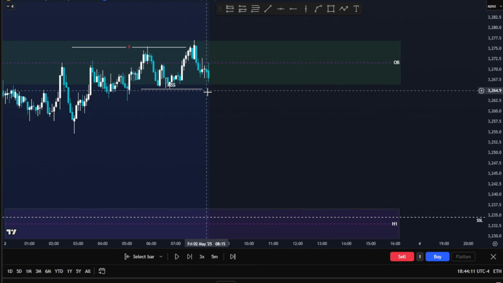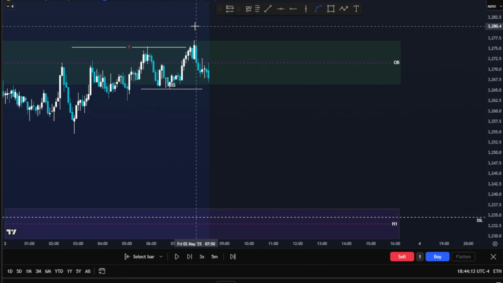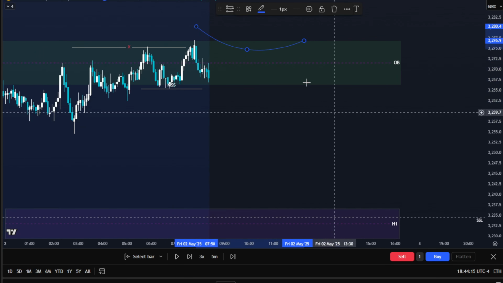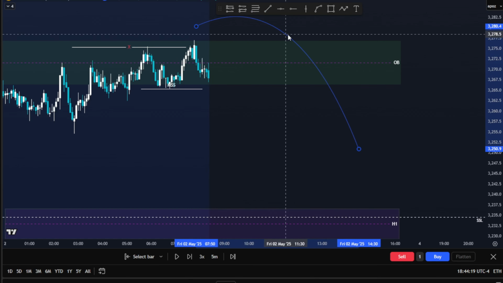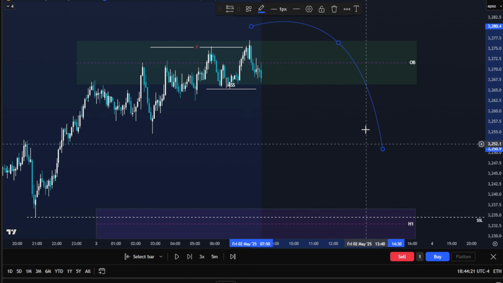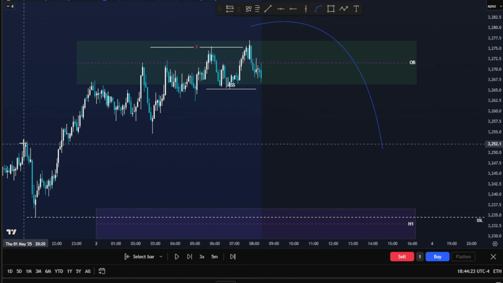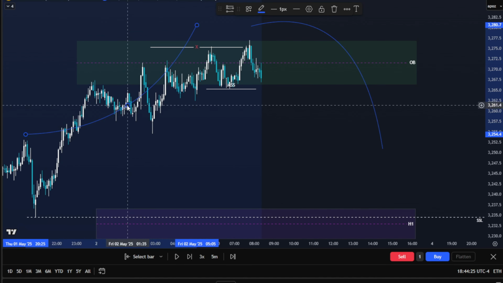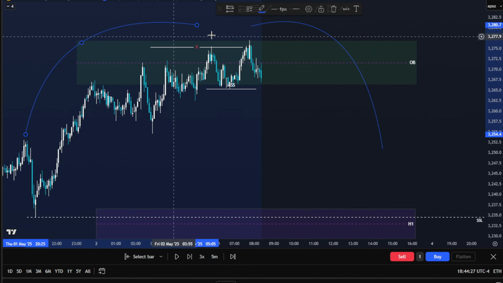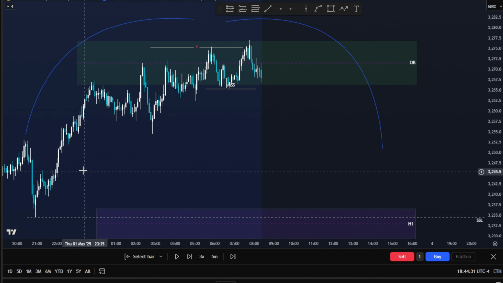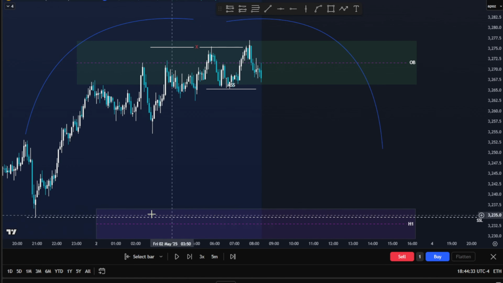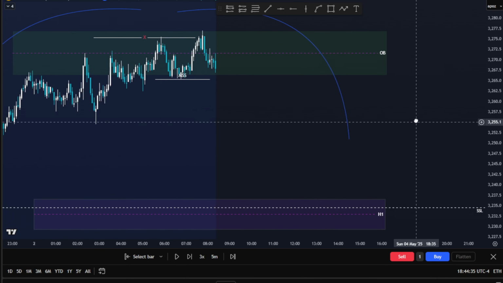See if the price will break this and then start forming a buy side model. Sorry, the sell side model. Okay, so we have this case. We want to see some sort of sell side model to complete.